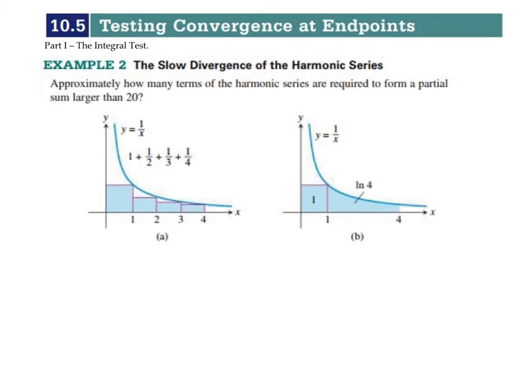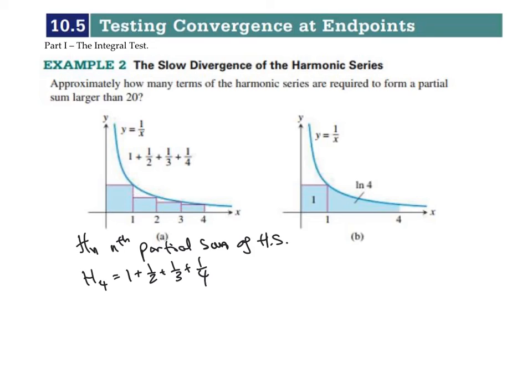So let h sub n be the nth partial sum of the harmonic series. So the first thing to notice, for example, h4 would be 1 plus a half plus a third plus a fourth.